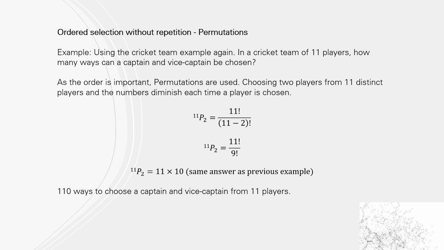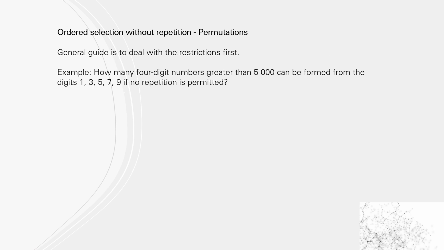As mentioned earlier, one of the things we make sure we deal with first is the restrictions. That's a general guide. Here's an example. A 4-digit number has to be greater than 5,000. We want to know how many we can get using the digits 1, 3, 5, 7, 9 if no repetition is permitted.